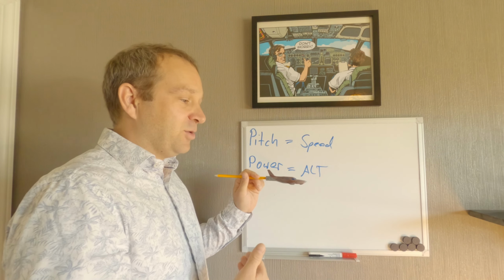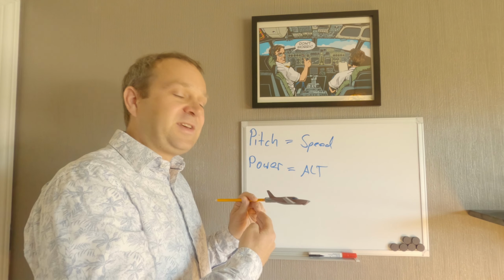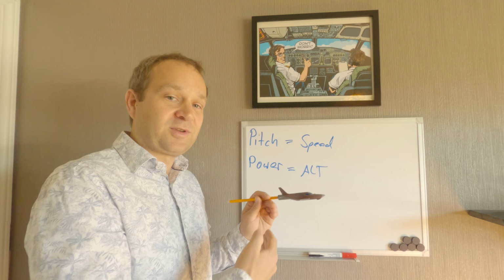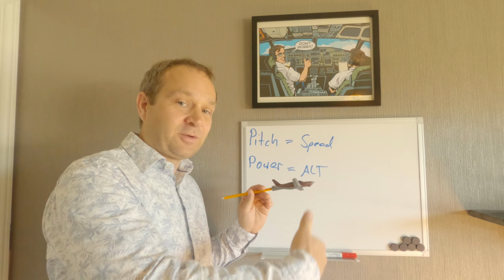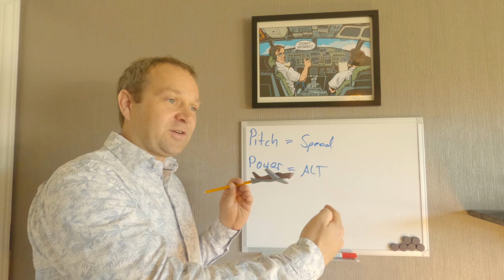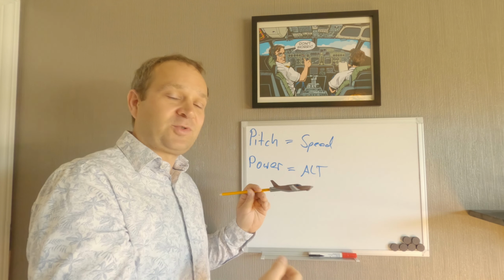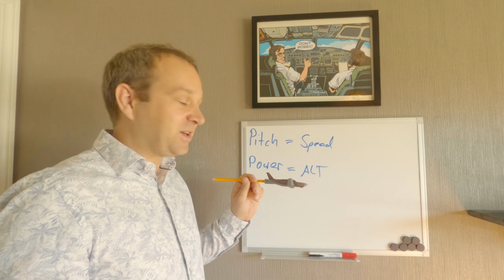That means the more distance you have between the airspeed that you have trimmed, let's say the 100 knots, and now you are at 110, 120, 130, the more distance you have between your trimmed airspeed and your actual airspeed, the more force you have to overcome on your stick.